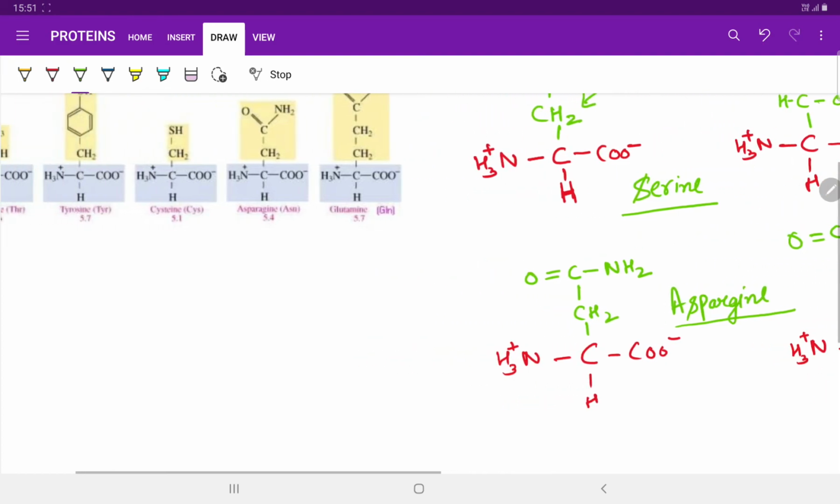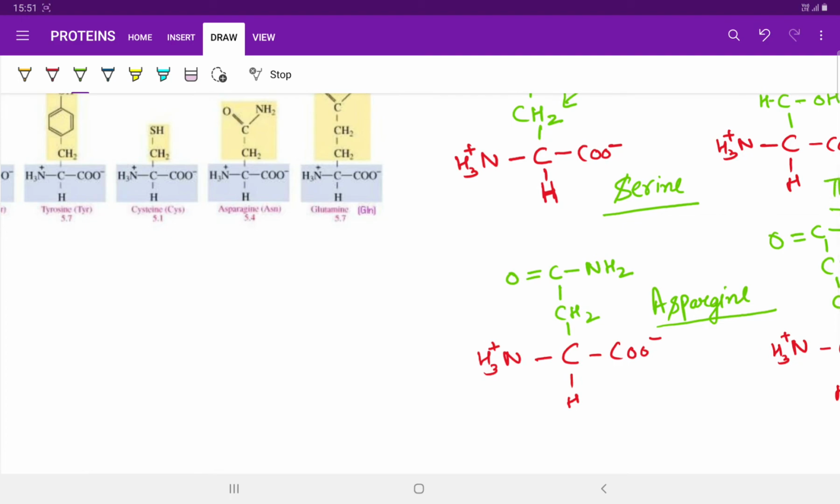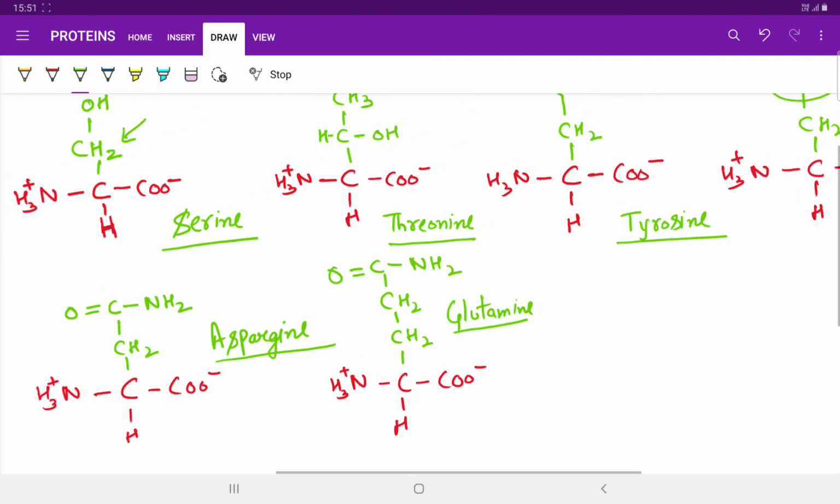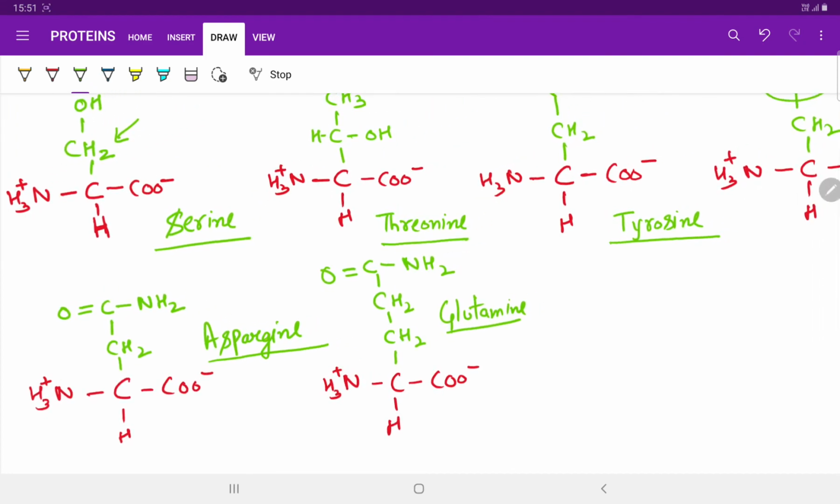Now let us draw again and know how these changes are done. We will be using the same trick that we used in our previous lectures. First of all, let us draw the structure of alanine. This is the structure of alanine. Now the first polar amino acid that is formed is known as serine.